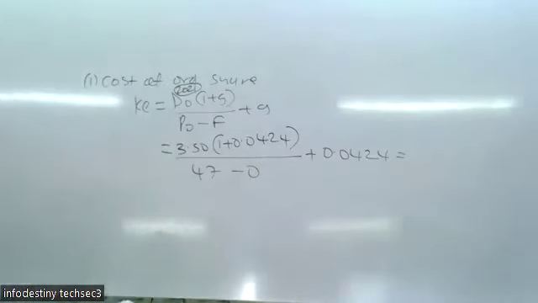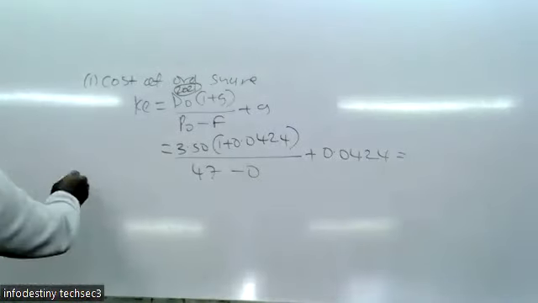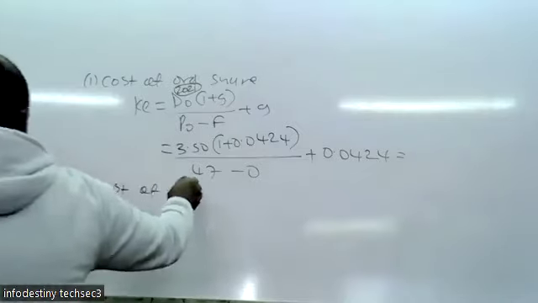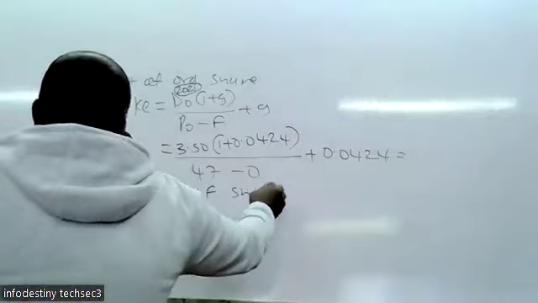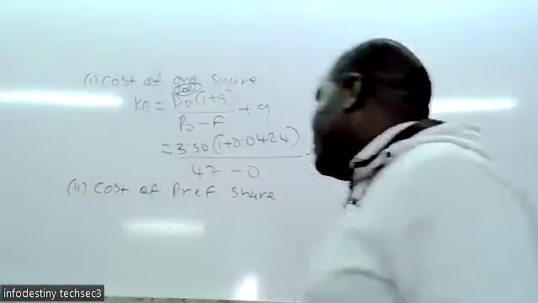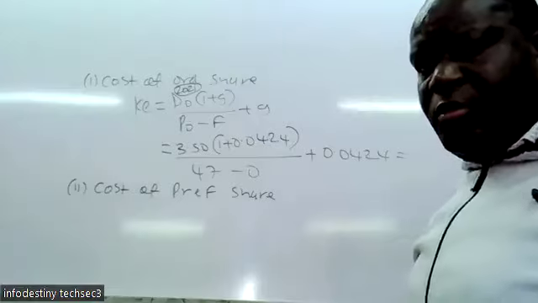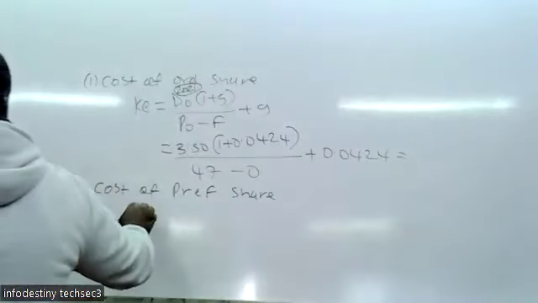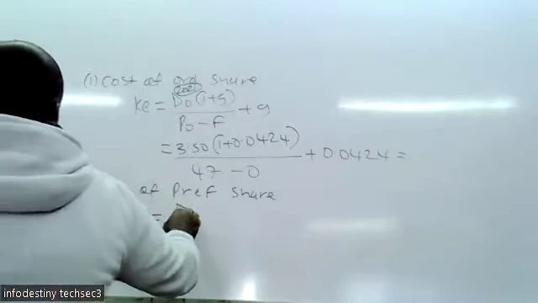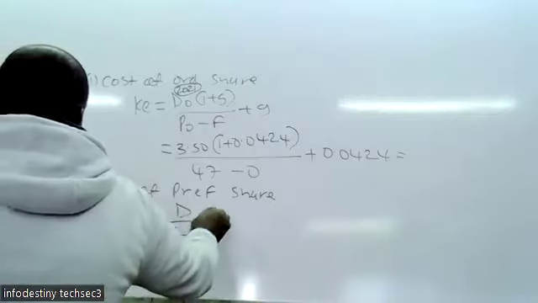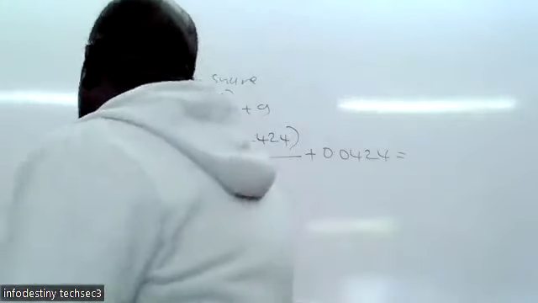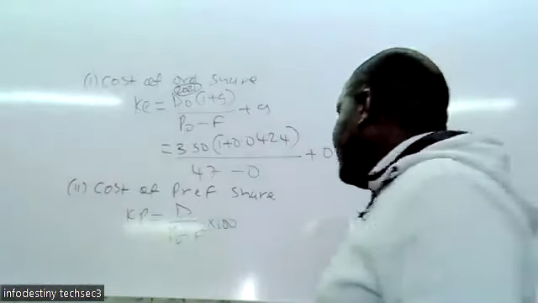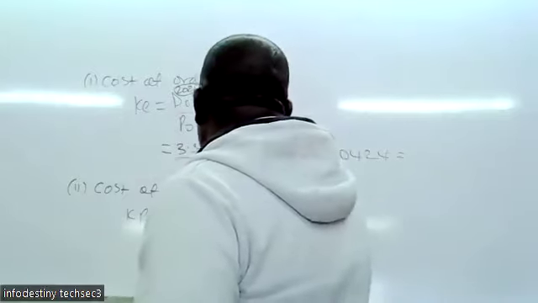After that, you should also compute the cost of the preference share. The cost of the preference share is calculated the same way as the cost of the perpetuity.